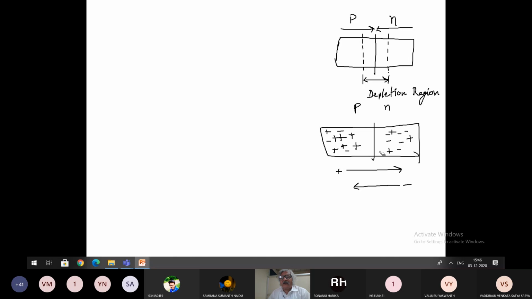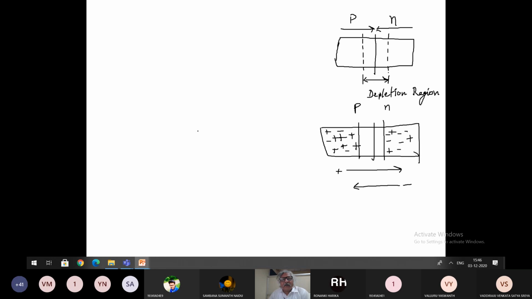This positive charge and this electron will disappear. In this way a region is created where there is no charge carrier, right? There is no charge carrier. So this region is called the depletion region. In the depletion region, there is no charge carrier.